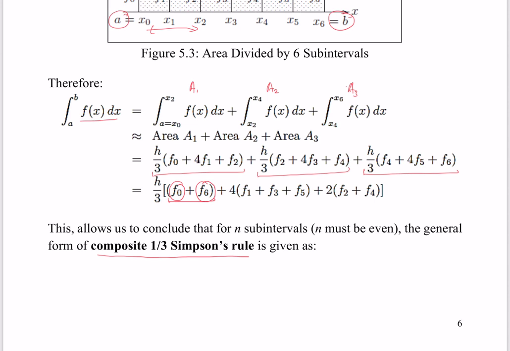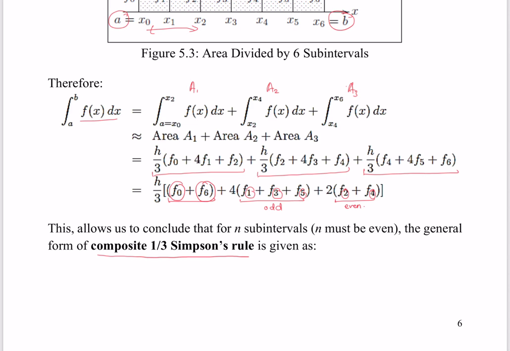Then the second one is plus 4 multiplied by the summation of f1, f3 and f5, meaning the odd ones, and plus 2 multiplied by the summation of f2 plus f4, which is for the even ones. No matter how many subintervals we have, this is the formula that we want to use.